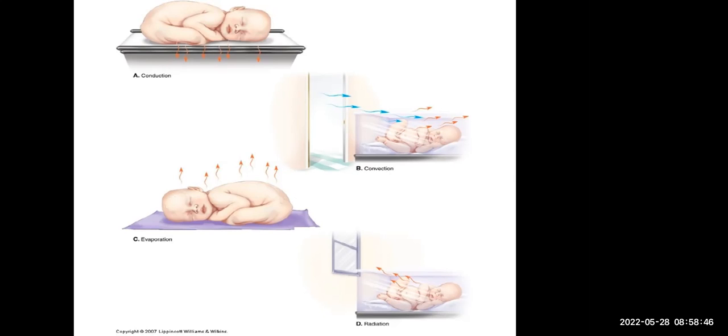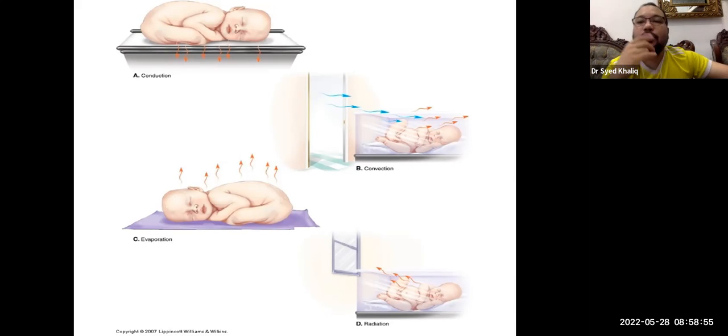Usually what I see people do, sometimes they take a cold towel and put it on the forehead or in the armpit. So initially there is heat transfer by conduction. The cold towel is in contact with the skin, then there'll be heat transfer.